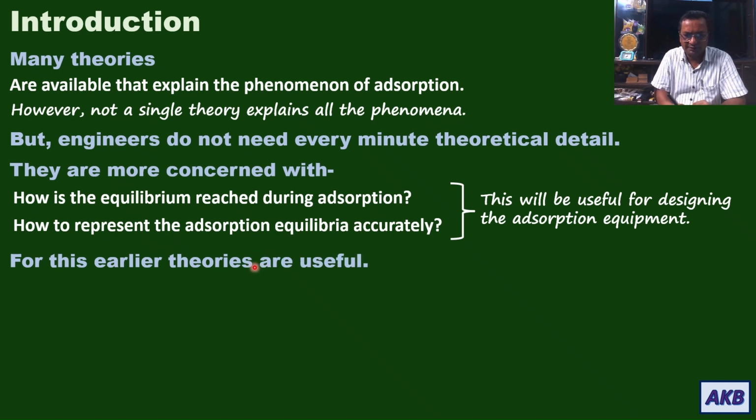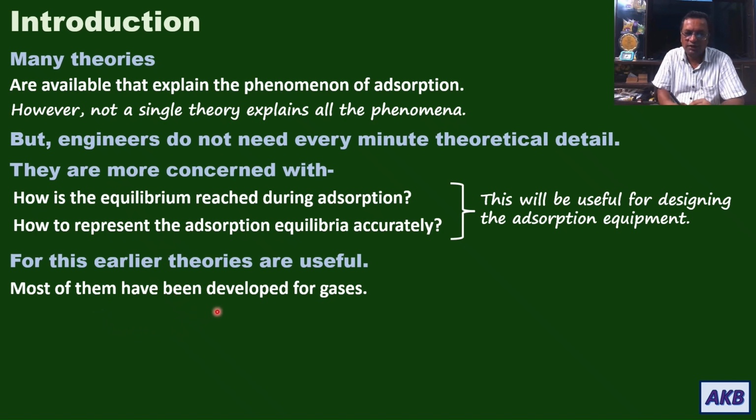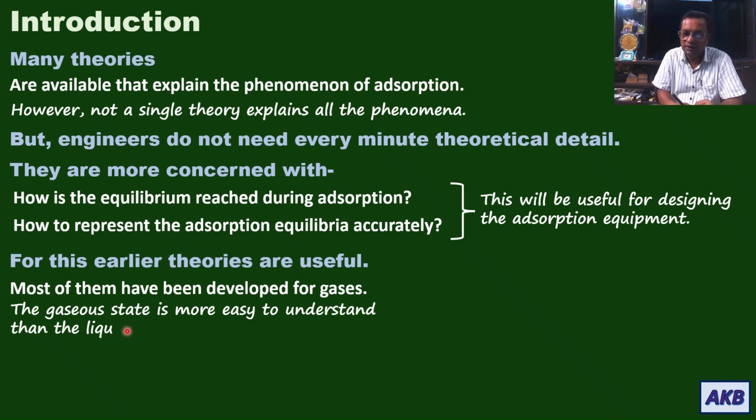For doing this, we have some earlier theories that are quite useful. Most of these earlier theories have been developed for gases. The reason is the gaseous state is easier to understand than the liquid state. For the gaseous state, we have the kinetic theory of gases that explains the behavior of gases.